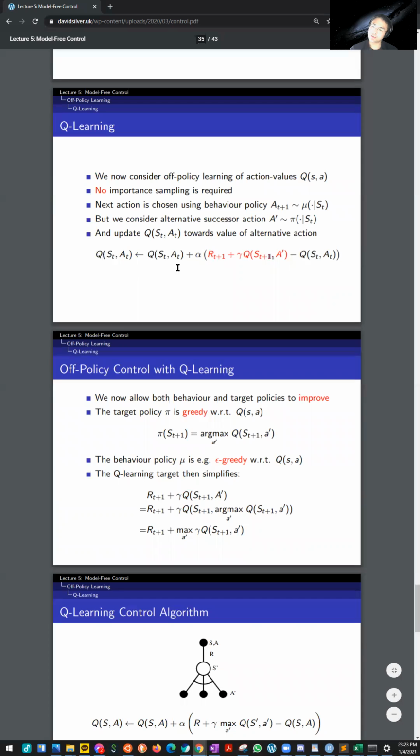In this equation, the action A_t here, which determines the current Q value, is determined by the behavior policy, and the estimation from the next state, A prime here, which is the alternative successor action, is determined by the target policy that we're trying to learn.